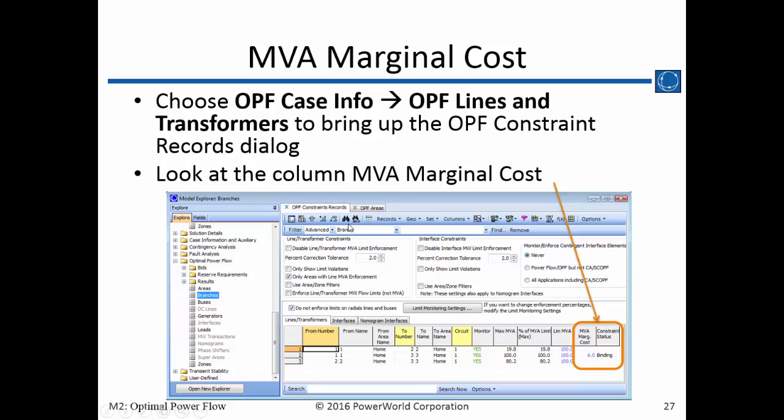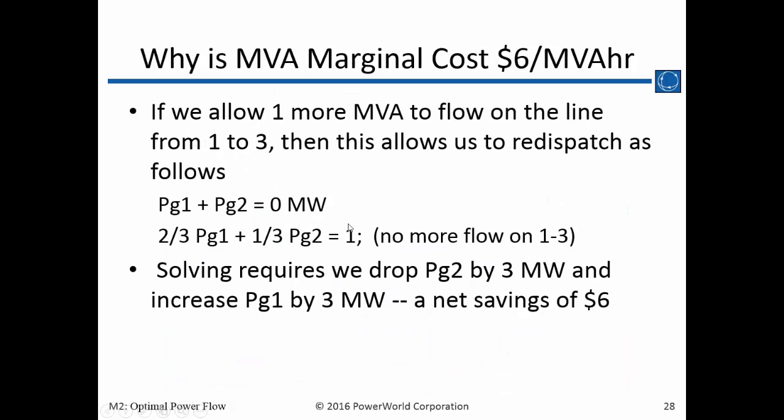Okay, so this slide just recaps how you can look at the table of constraint costs. And then this just shows, again, algebraically in the formulation of the problem, if we're just changing the limit, the load doesn't change, so the total change in output has to equal 0.